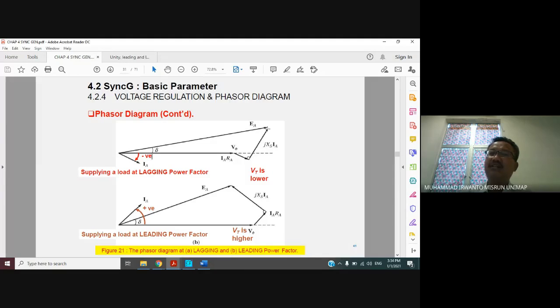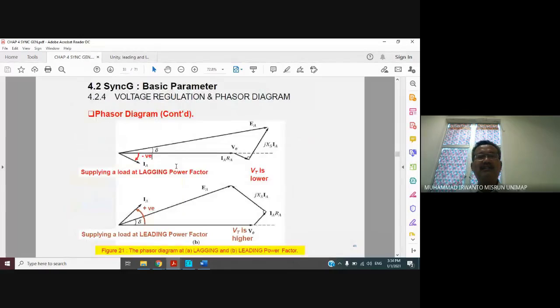After that, you can draw the internal generated voltage, EA, from the original point to the end of the vector jXS IA. From here to here is the vector of EA. Understand?